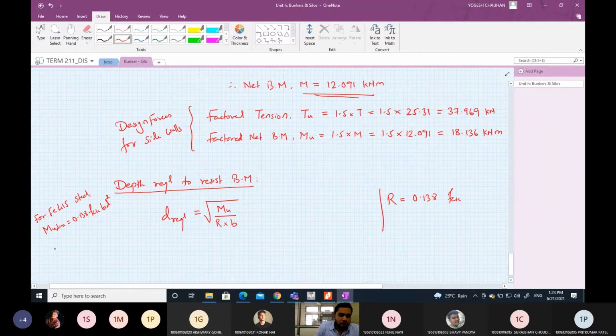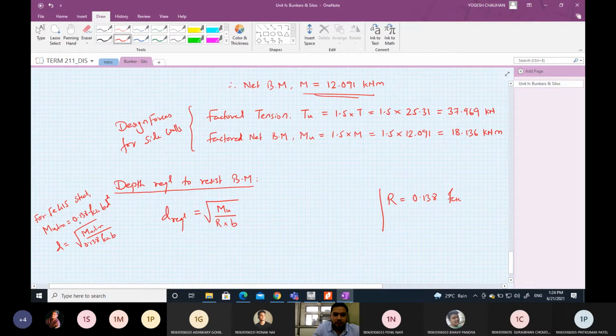So you can write this as d is equal to square root of Mu limit divided by 0.138 fck b. Okay, but for different grade this formula will be different.